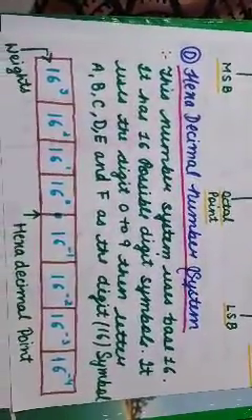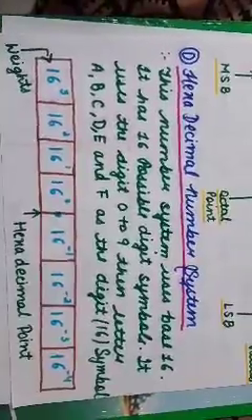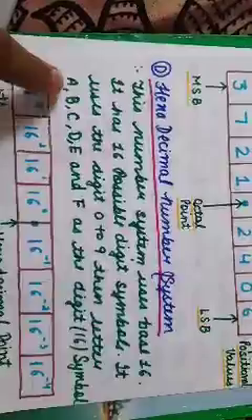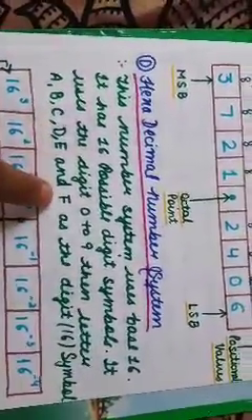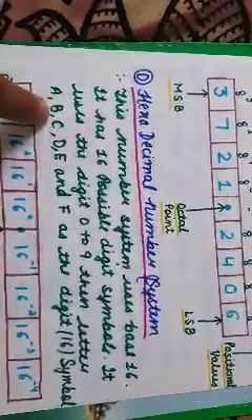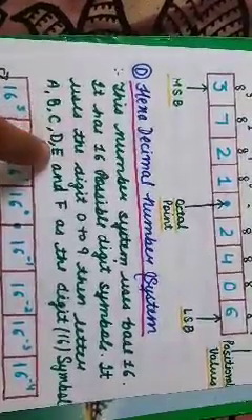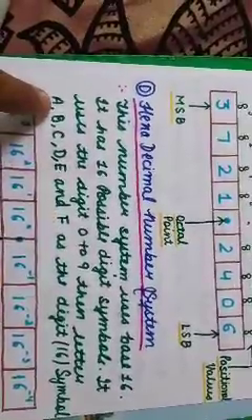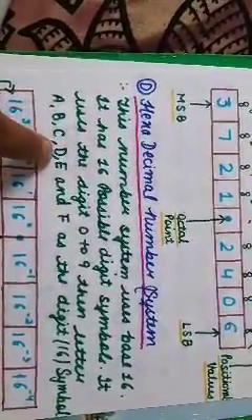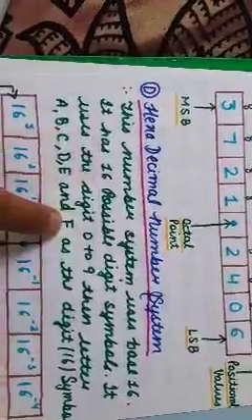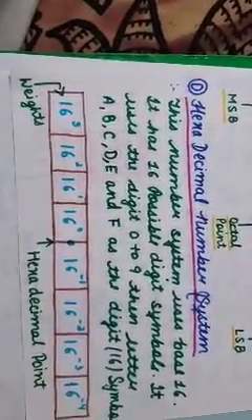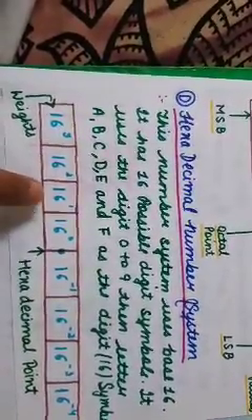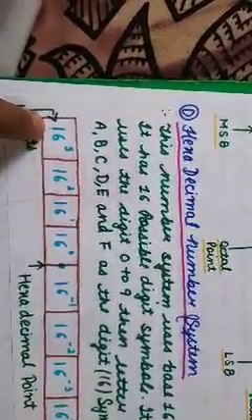And last is the hexadecimal number system. This number system uses base 16. It has 16 possible values starting from 0 to 9, then A, B, C, D, E, F. We represent 10 as A, then B, then C, then D, then E, then 15 as F. Representation of the hexadecimal system is the same: 16 raised to power 0, 16 raised to power 1, 16 raised to power 2, 16 raised to power 3.